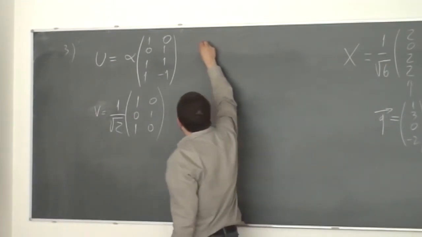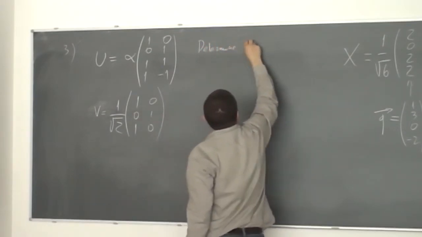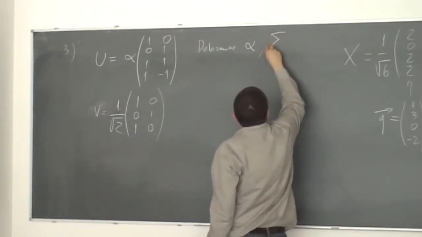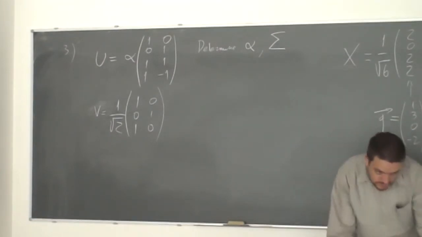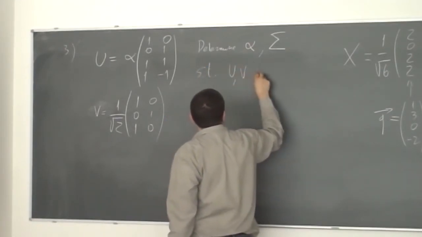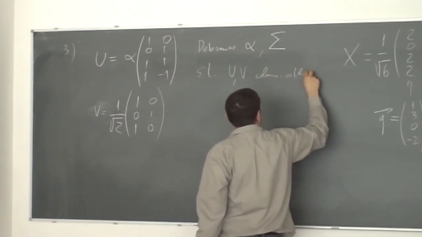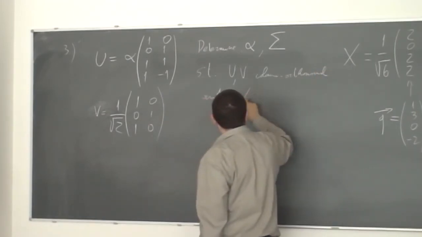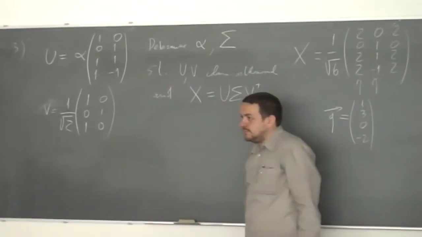And the question is, determine this alpha and a diagonal positive matrix sigma, such that U and V are column orthonormal, and the original matrix X is U sigma V transpose.